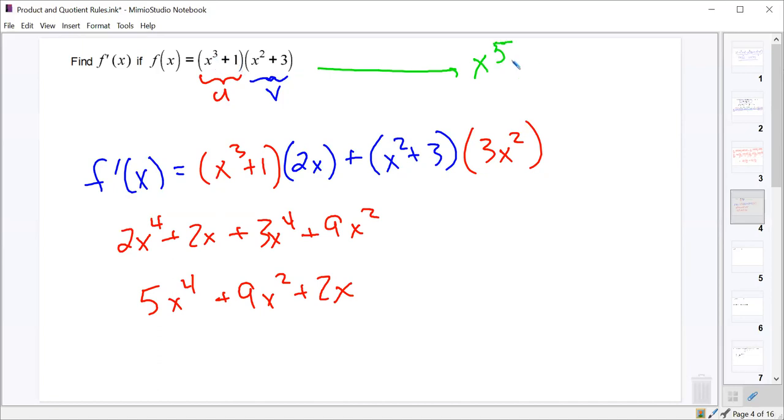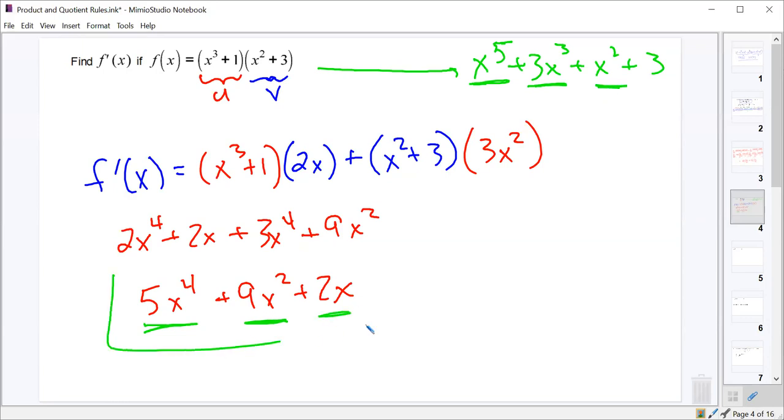And then 3x cubed and x squared and 3. And what's the derivative of x to the 5th? 5x to the 4th. And the derivative of 3x cubed is the 9x squared, and the derivative of the x squared is the 2x. Everybody good or no?